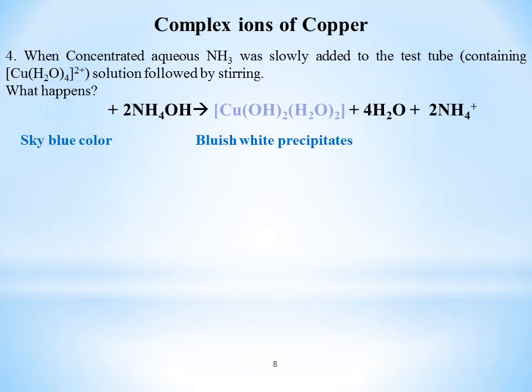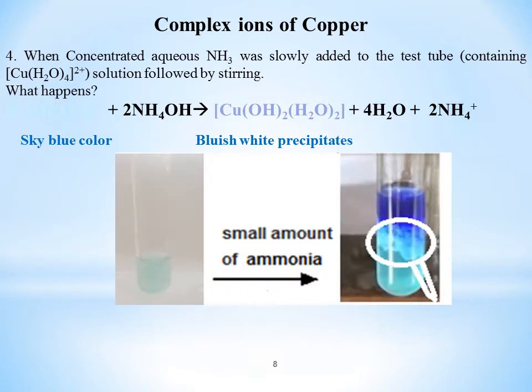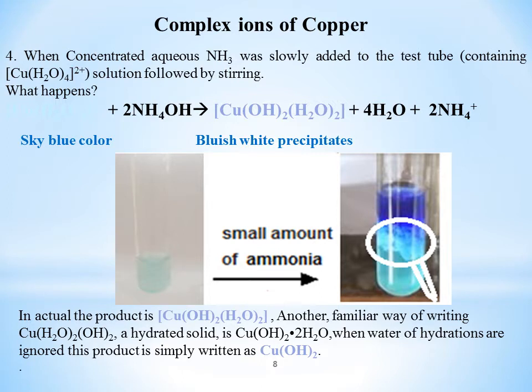These copper hydroxides appear as copper dihydroxo dihydrate, but more conveniently it is written as copper hydroxide, because another way to write this complex is copper hydroxide dot 2H2O. So when these two waters of hydration are removed, then this product will be simply written as copper hydroxide.